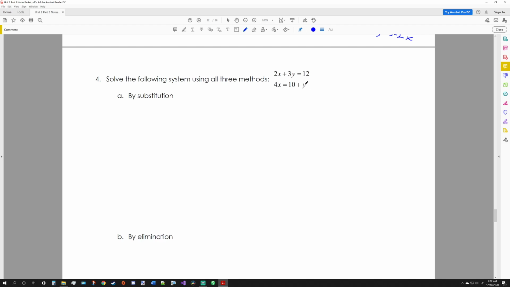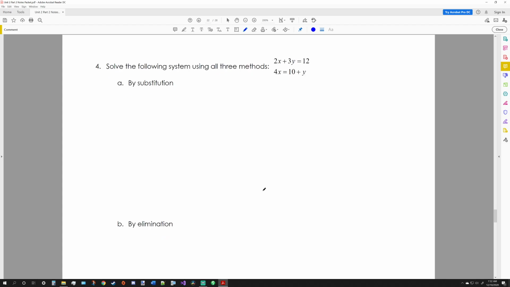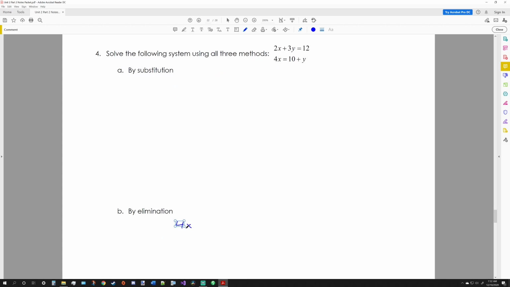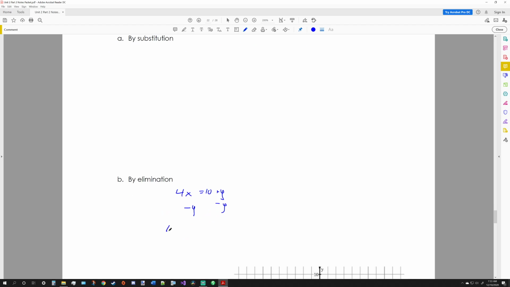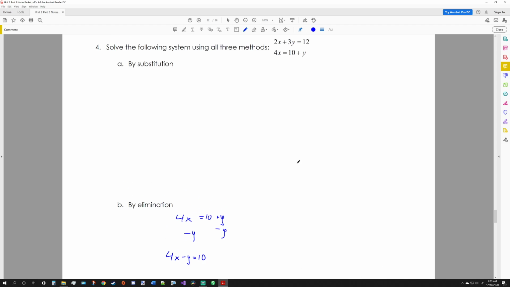So I want the y on the other side of the equation. And so I would just subtract the y to the other side for elimination. Right, just subtract that y from the other side, because then you have 4x minus y equals 10. And now you can line that up vertically with the 2x plus 3y equals 12.